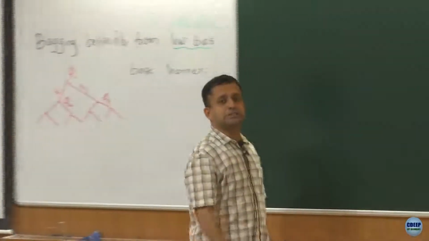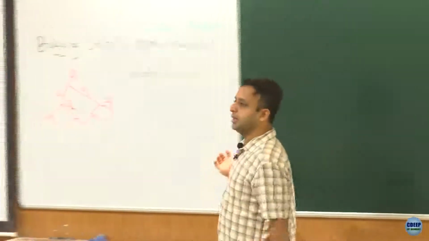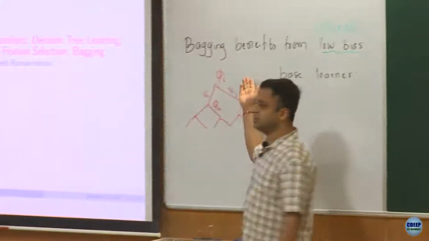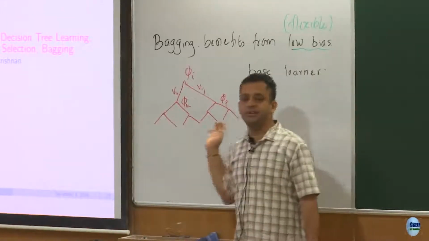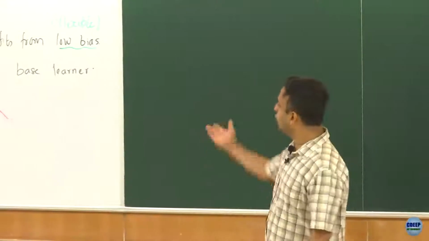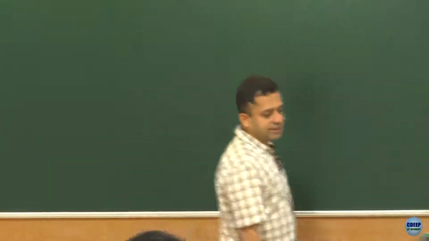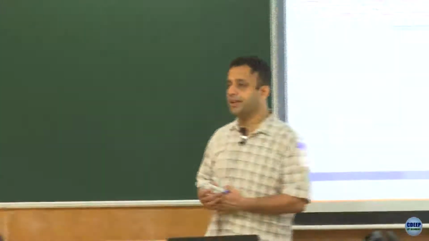Potentially, because the space of trees, the choices of features to split on at every node, is very large, you have very low bias. Obviously that makes the learning problem also slightly tricky.